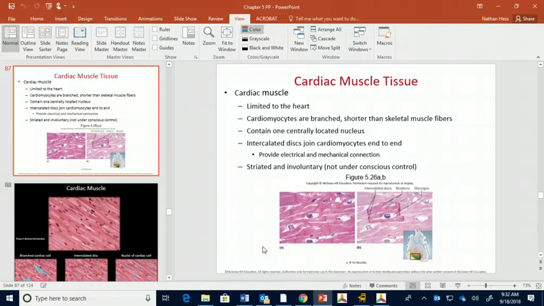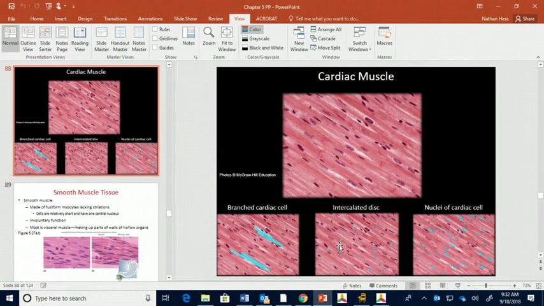They also have these things called intercalated discs. And again, this picture shows these little blue guys. So not the nuclei, but like this right here, or this right here. Those are called intercalated discs. And it's a classic way you can tell a cardiac muscle from a skeletal muscle.